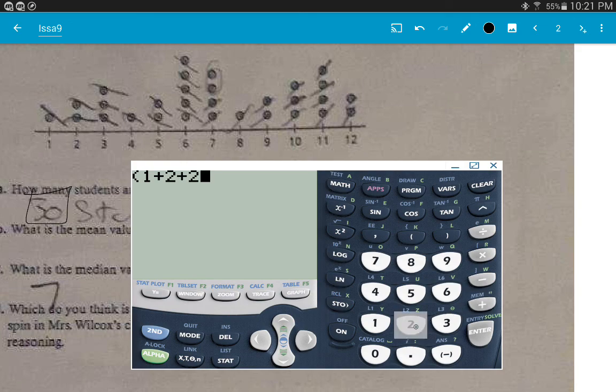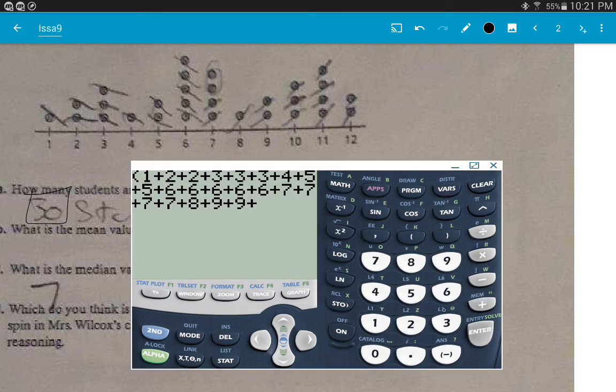1 plus 2 plus 2 plus 3, 3, 3 plus 4 plus 2 5s plus 5 6s, 4 7s, 2, 3, 4, 1 8, 2 9s, 3 10s, 10, 10, and 10, 4 11s, plus 12, plus 12.